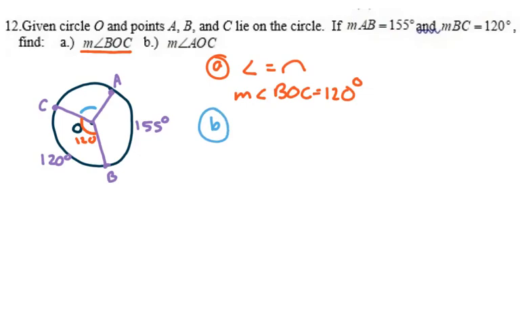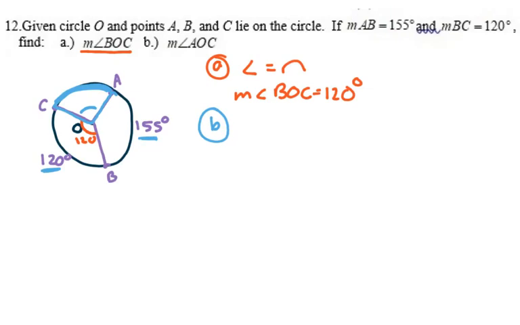For part B of this problem, I know that I'm looking for my major arc, the angle AOC. So when I'm going to do this problem, I need to figure out what arc AC is equal to. The way I can figure out what this arc here is equal to is by subtracting out what I have over here, this 155 and 120, from the total of 360.